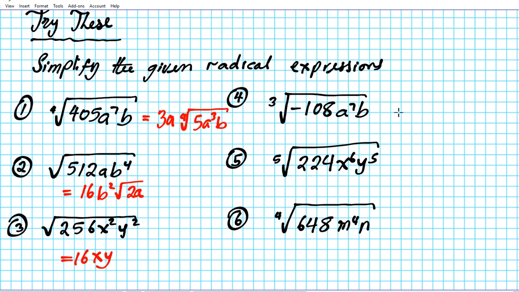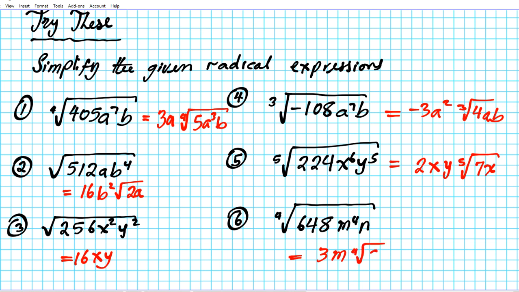For number four, the answer is going to be negative 3a squared times the cube root of 4ab. Number 5, the answer is going to be 2xy times the fifth root of 7x. And then the last one, number 6, the answer is 3m times the fourth root of 8n.